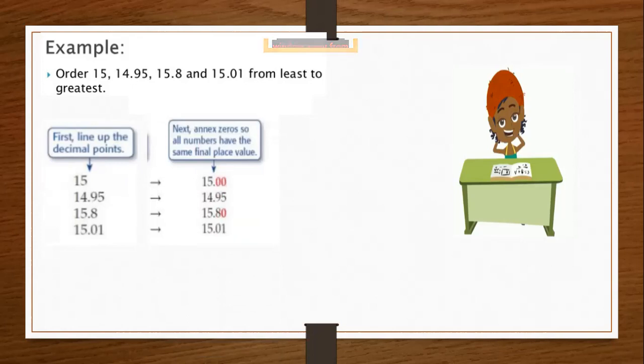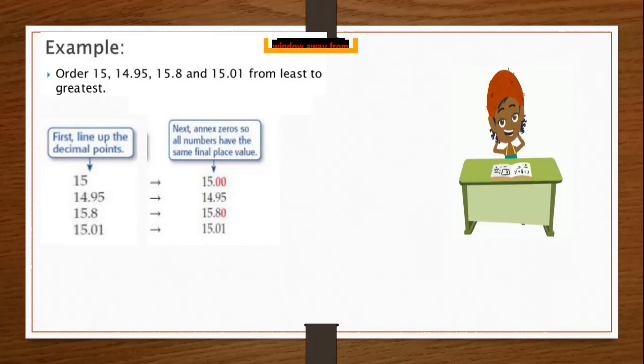So we can put the decimal point at the end so as not to change its value. So it's 15 point. And after the decimal point, how many zeros do we need to add? That depends on the number of digits after the decimal in the rest of the numbers, because we have to make them all the same to be able to compare or order them.